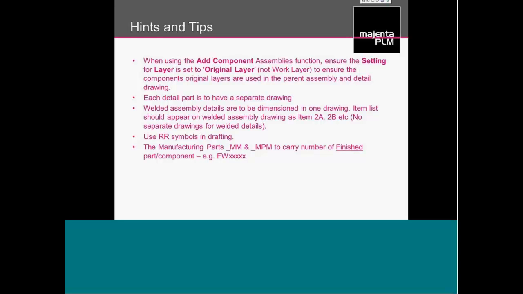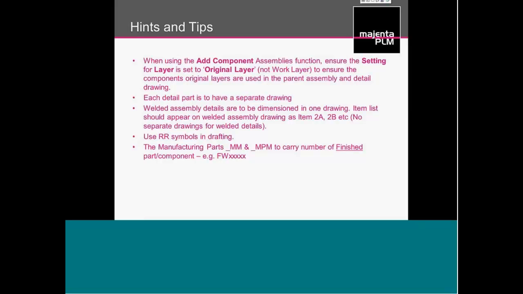Also, use the Rolls-Royce symbols in the drafting application. They should all be there. If you do need to create your own for specifics, then create them separately from the Rolls-Royce environment. Reasons for doing that are quite obvious. If a new version comes out and you overwrite the existing folders, you may well lose your own drafting symbols.